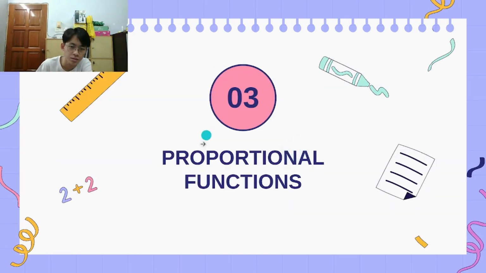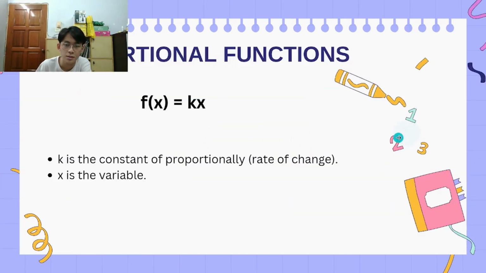And the last one is proportional functions. For proportional function, we write it as f(x) equals to kx. K is the constant of proportionality, which is the rate of change also, and x is the variable.